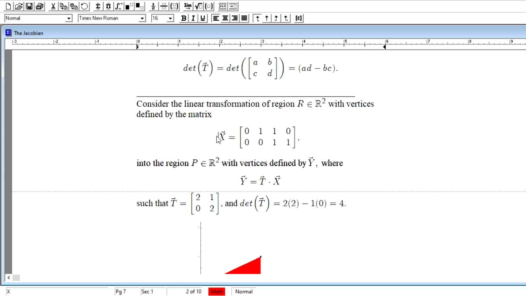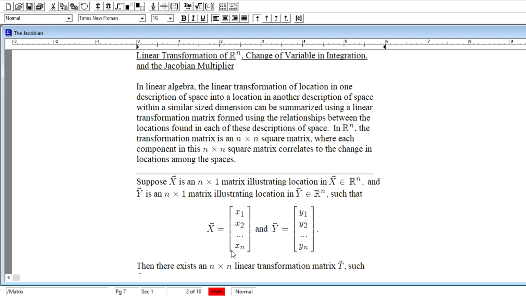So what we would note is that R is being represented by these 4 points, 0, 0, 1, 0, 1, 1, and 0, 1, each represented in a column of values, because remember, a location is denoted by a column vector.